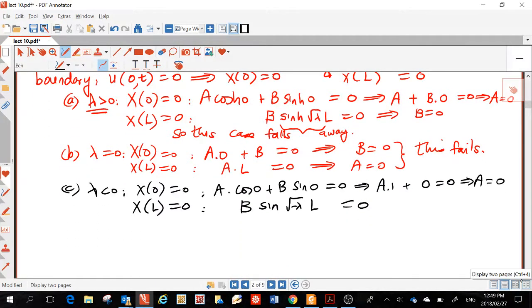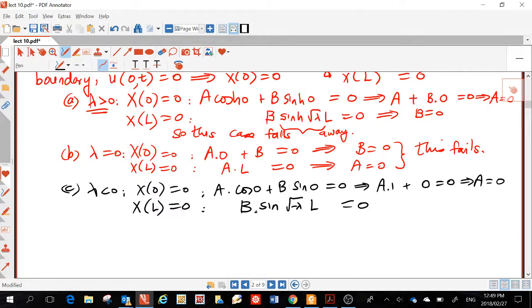Now, does that mean that b is forced to be 0? There are two options. B can be 0 or sine can be 0. Can the sine of something be 0? Yeah.